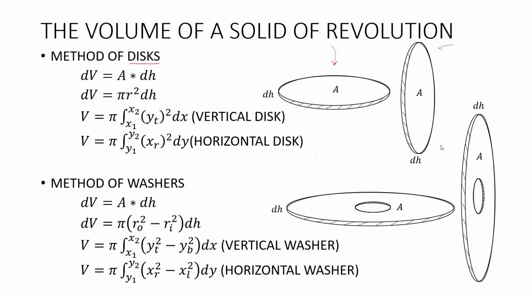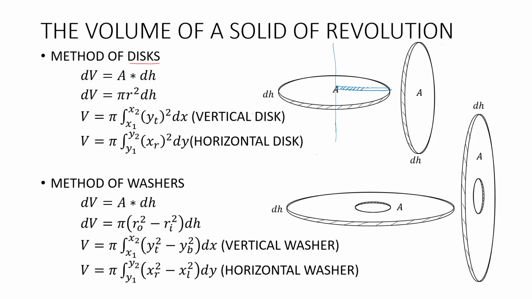So how can you know whether you're going to use the disk or the washer? If you analyze it in terms of its axis of rotation, let me draw. So this one is a horizontal strip. Let's say you're going to rotate the horizontal strip.